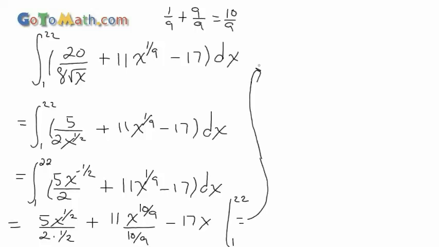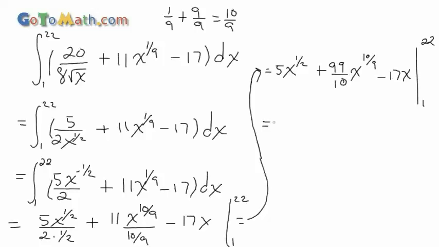So we can just write that as 5x to the half. We can take this, flip it, so 11 times 9 is 99 over 10, which doesn't reduce. So plus 99 over 10 x to the 10 ninths. Some nice funky numbers. Minus 17x, and remember we're going from 1 to 22.